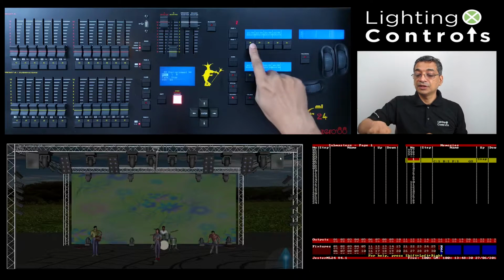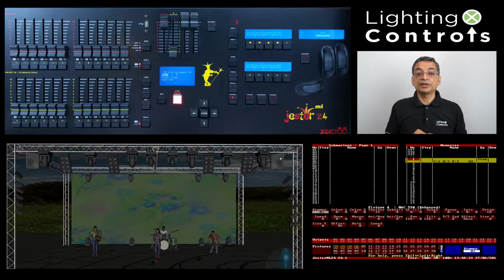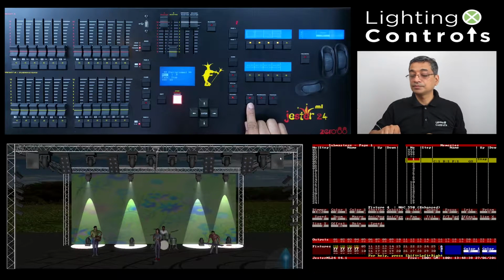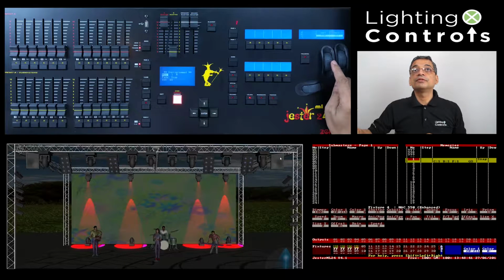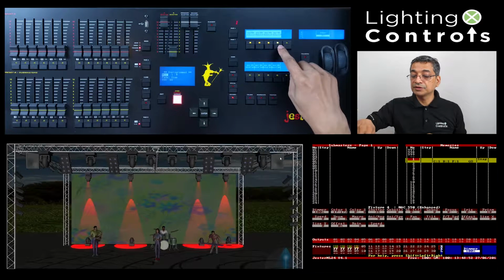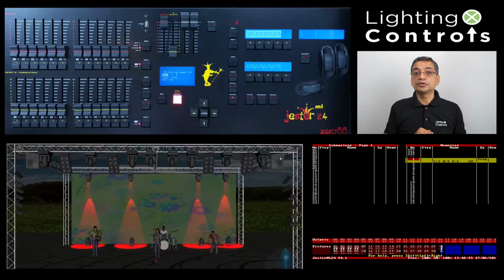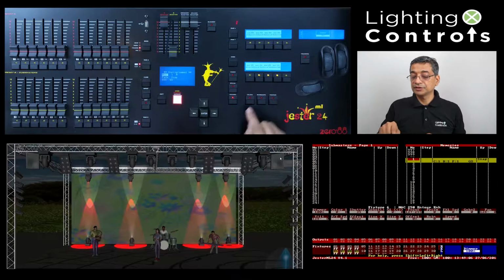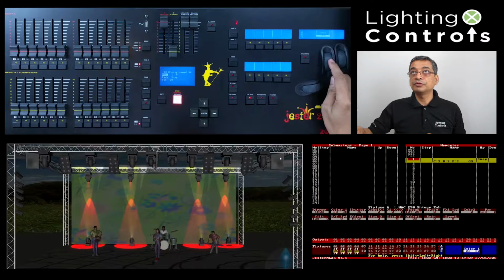Select fixtures. Select, say, the MAC 550s, home those fixtures, select the color, say we choose red, so we're going to make a red color palette first, okay, and then we go back to fixtures, we unselect those fixtures, select the MAC 250s, go back to color, you go back to fixtures and you home those fixtures, go back to color and you choose red for that too.